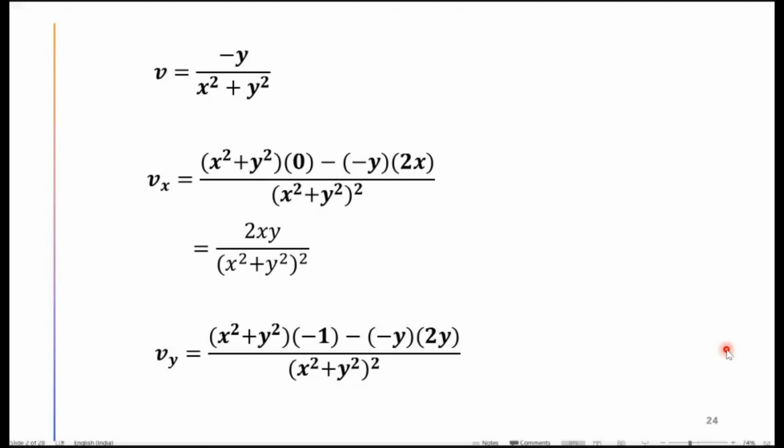ठीक है, वैसे ही v लिखना है, vx का same way vx and vy. So check whether ux is equal to vy and uy is equal to minus vx. And then try calculating f dash of z. Again, this function becomes infinity only when x and y are 0. है ना?